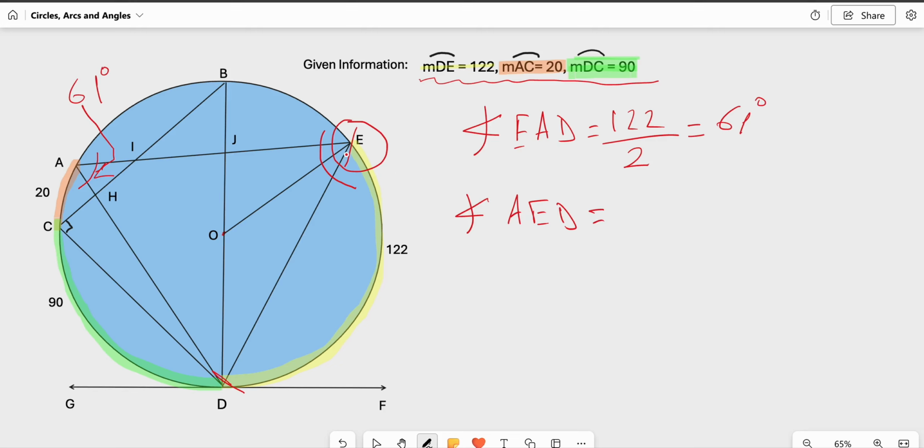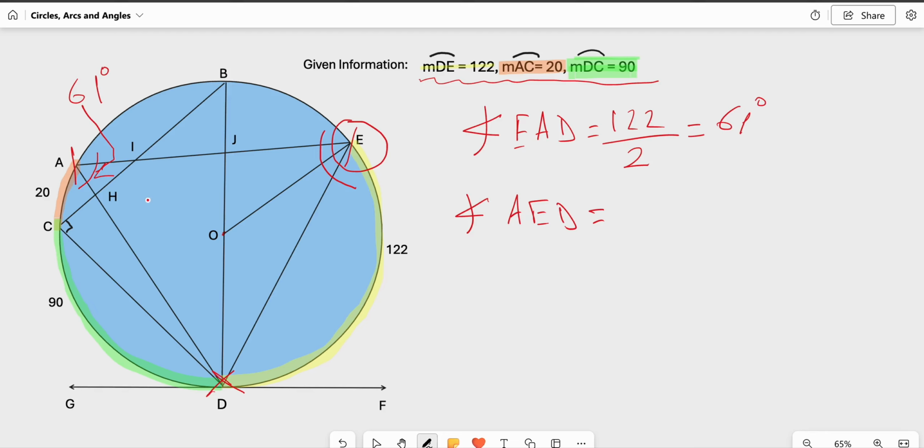This is also an inscribed angle, right? Yes or no? This angle AED. Let's see. This angle here AED is intercepting the orange and the green arc, right? And we know that an inscribed angle is equal to half the arc.